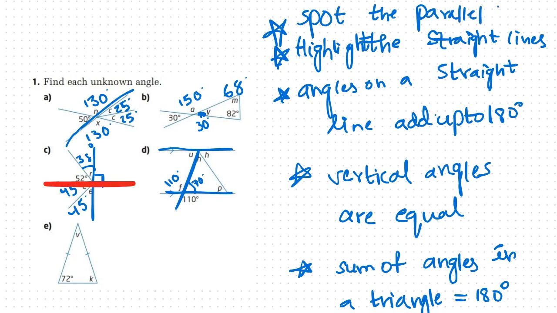Since it's a straight line, would the inside be 70? Yes, supplementary, like 180 degrees. That means if this is a straight line, the upper one, the outside H can be 110.